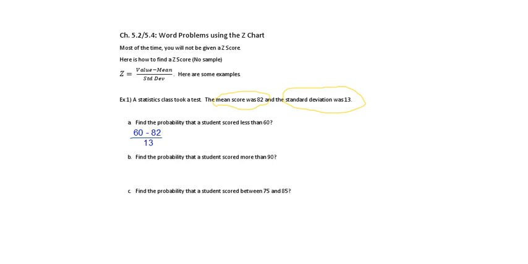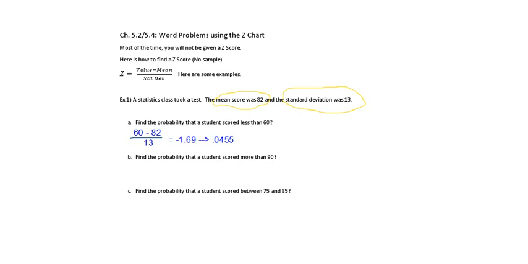If we put that into our calculator, it's going to equal negative 1.69. And if you look that up on the chart, that means the probability is 0.0455. Just like that.